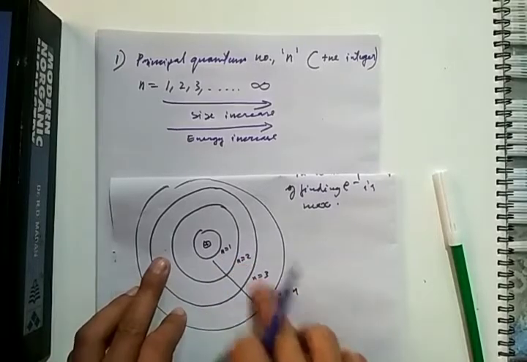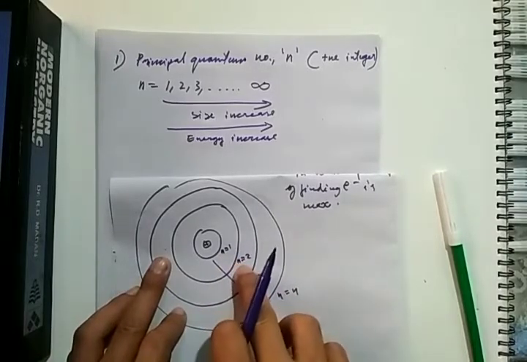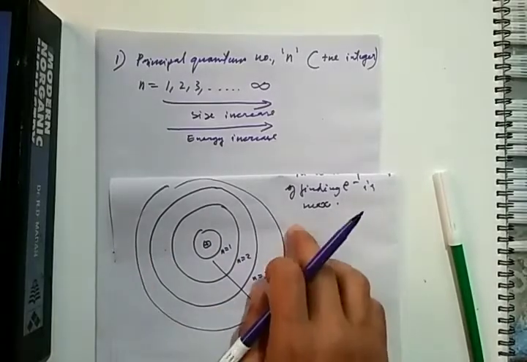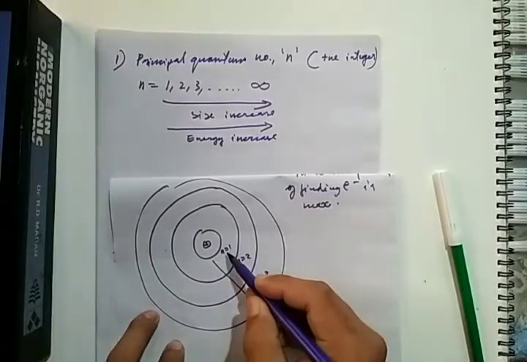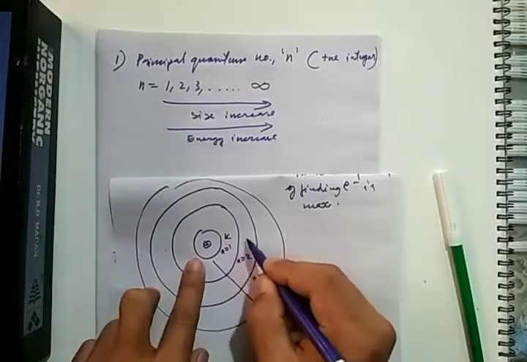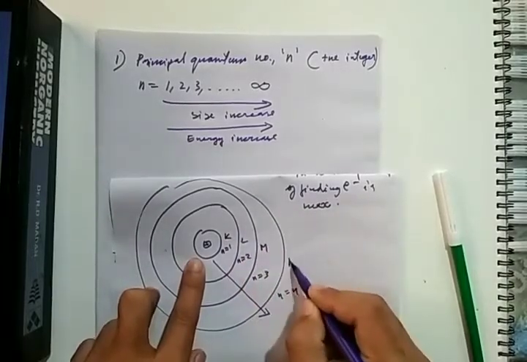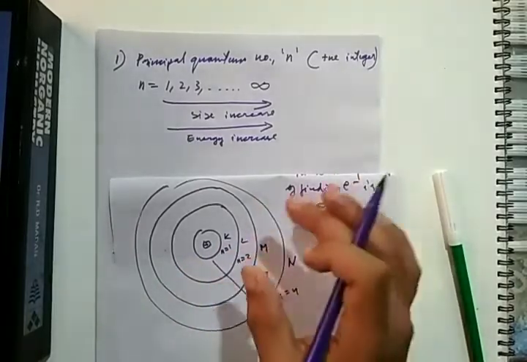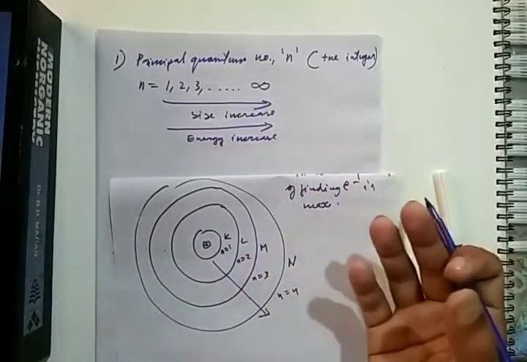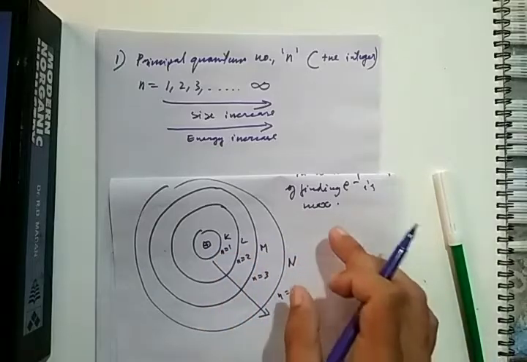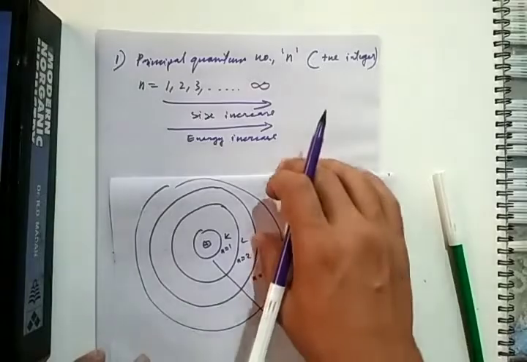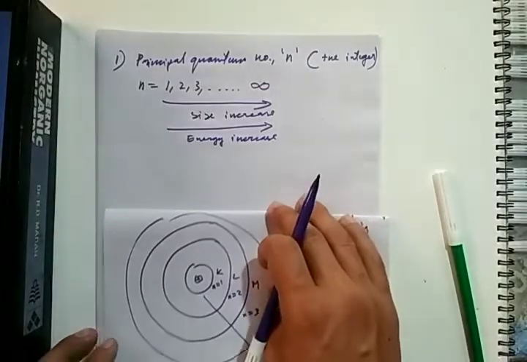So n2, n3, n4, energy increases like that. These shells are also named K, L, M, N shells. You have discussed this in high school also. We will discuss it in detail.